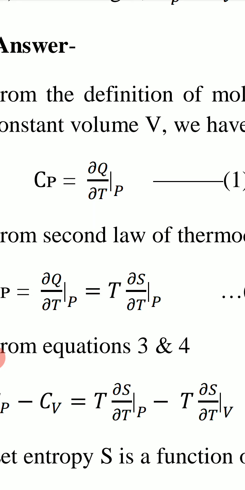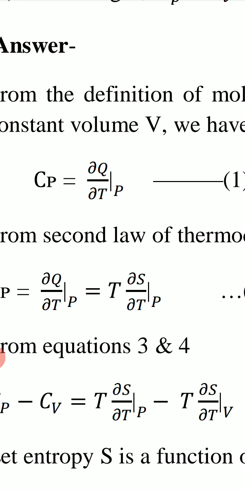If we write mass in moles, and for 1 mole gas we find specific heat, that is molar specific heat. We write molar specific heat by capital C, and for 1 mole mass it is delta Q upon delta T.